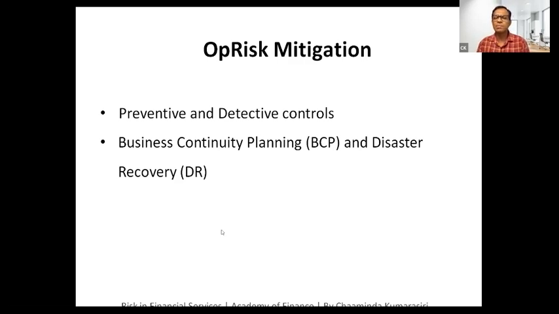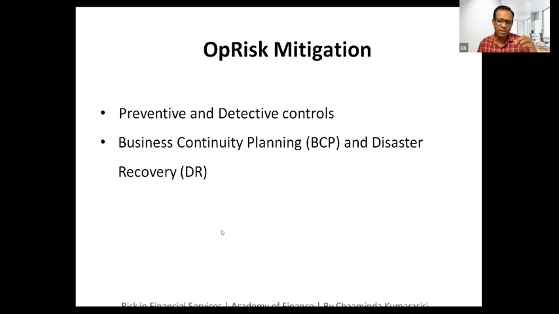So in simple terms, what is business continuity planning? Can I know any comments from you all? How do you define business continuity planning? What is your thinking or understanding? I don't need a technical or theoretical definition of business continuity planning.